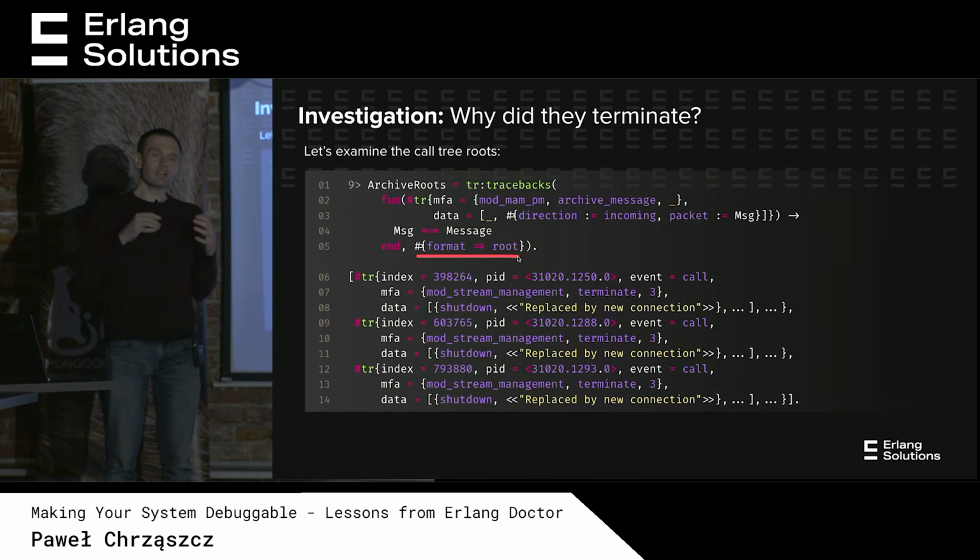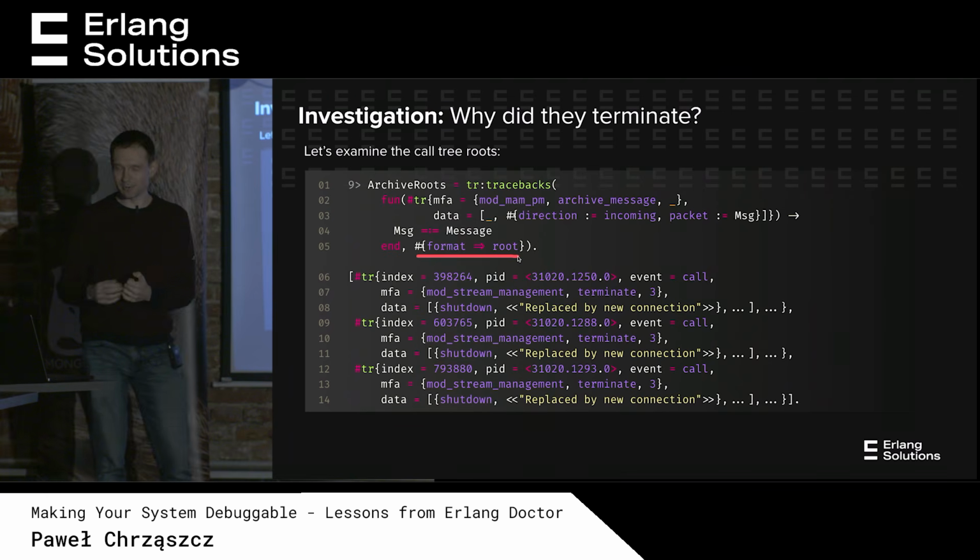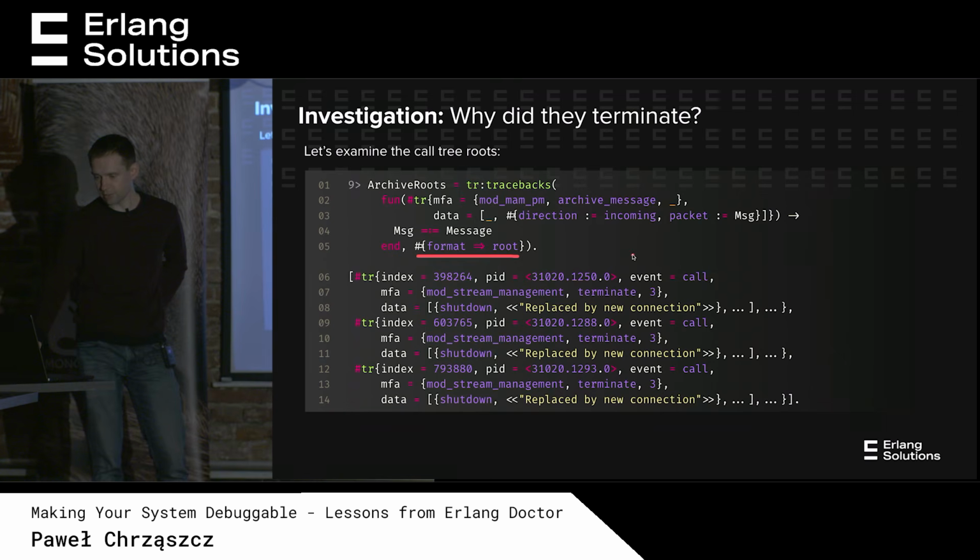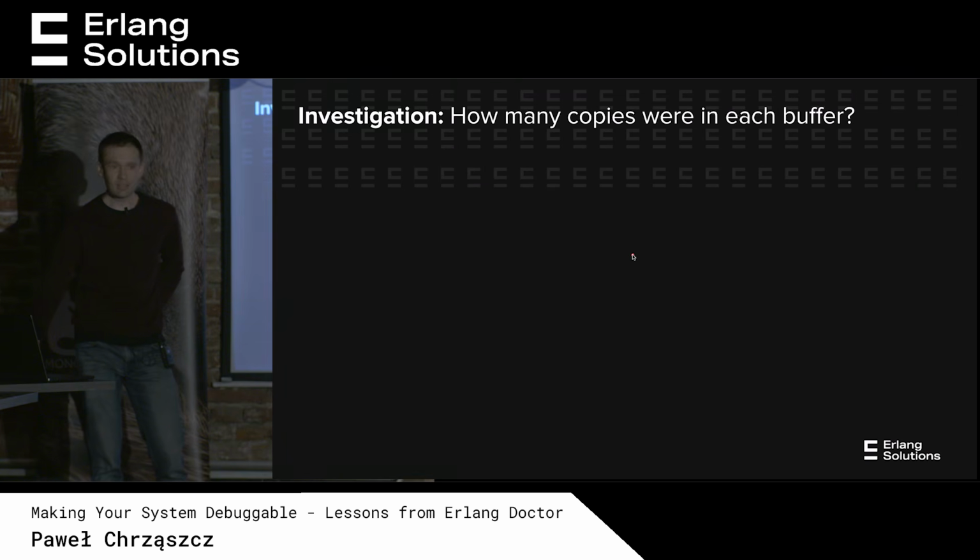The client was opening so many sessions that they exceeded the limit of maximum sessions, which is 10, and the new sessions were just terminating old sessions. So yeah, the client is doing something crazy here. But still, we don't want this duplication, so let's see what we can do. Well, another question is how many copies were in each of those buffers.